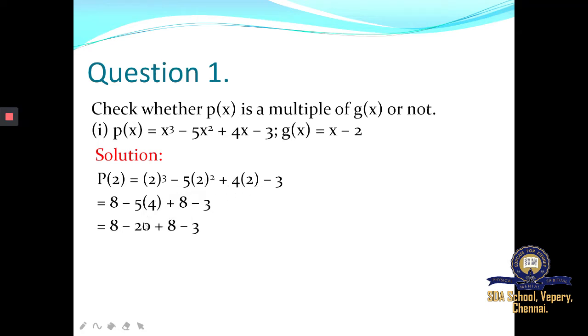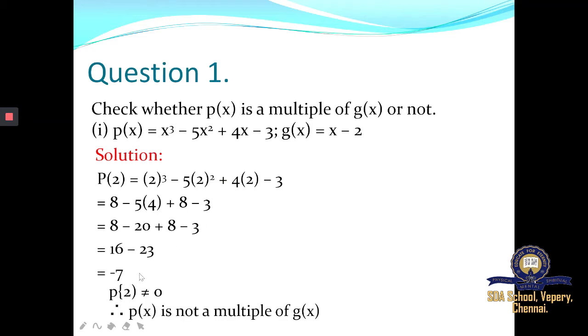Then you simplify, and you will get the answer as minus 7, which is definitely not equal to 0. Therefore, p of x is not a multiple of g of x. In case it was equal to 0, then you could say that p of x is a multiple of g of x. But in this case, it is clearly not equal to 0. So we say that it is not a multiple of g of x.